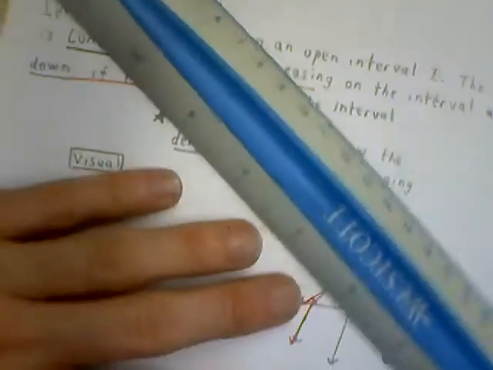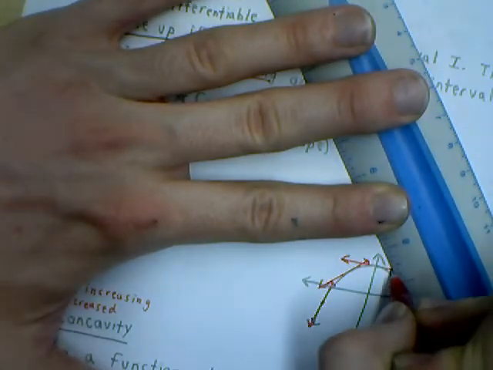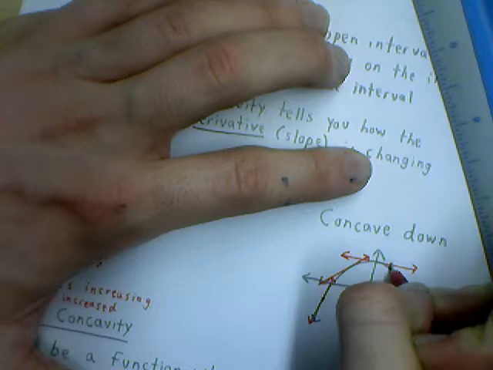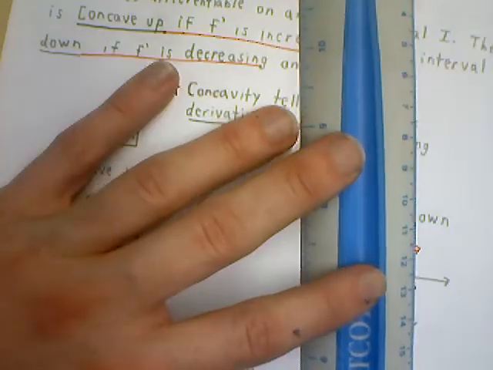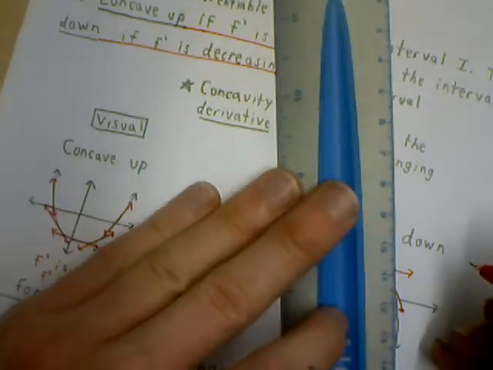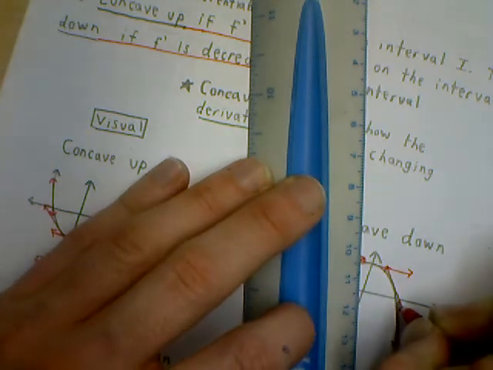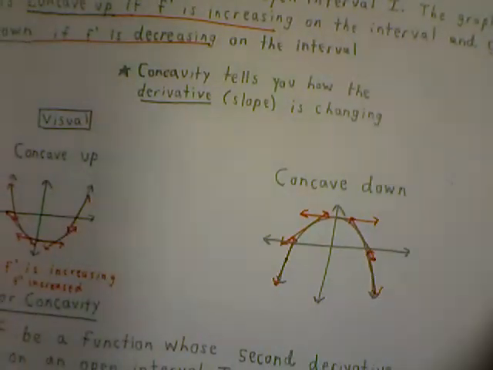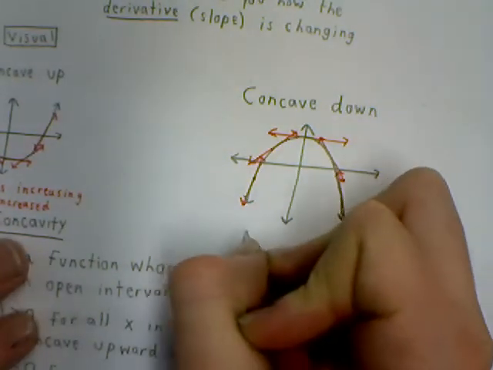Now over here, if I draw in my tangent line, the slope of the tangent line is now negative. And then let's do the last one right here. Now it's very negative. So this graph we say is concave down because the slope, or the derivative, is decreasing.